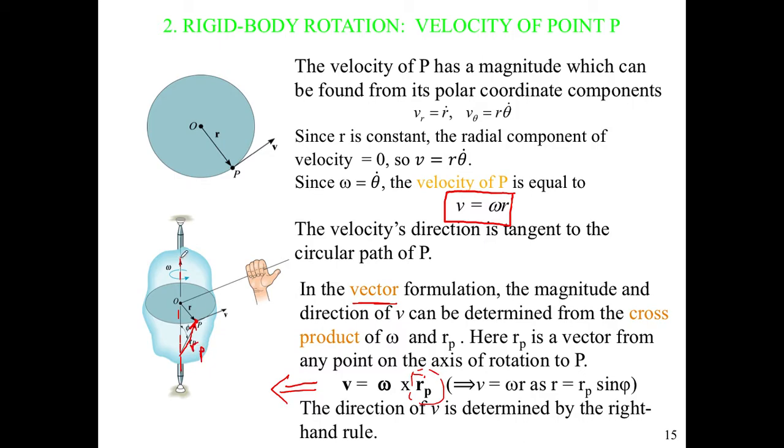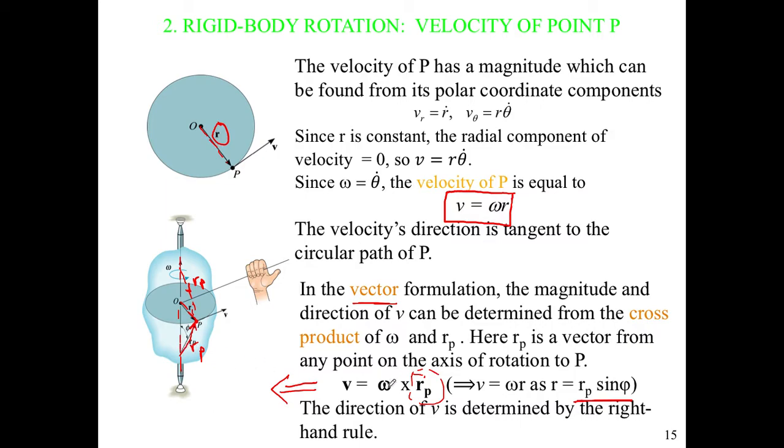This can be an RP, it could be this one, but they would all give us the same cross product. Now, you're welcome to think about why that is. It's basically got to do with the fact that there's an RP sine phi that comes into the cross product, and that RP sine phi is always going to be this r, the in-plane r, it will always be this.